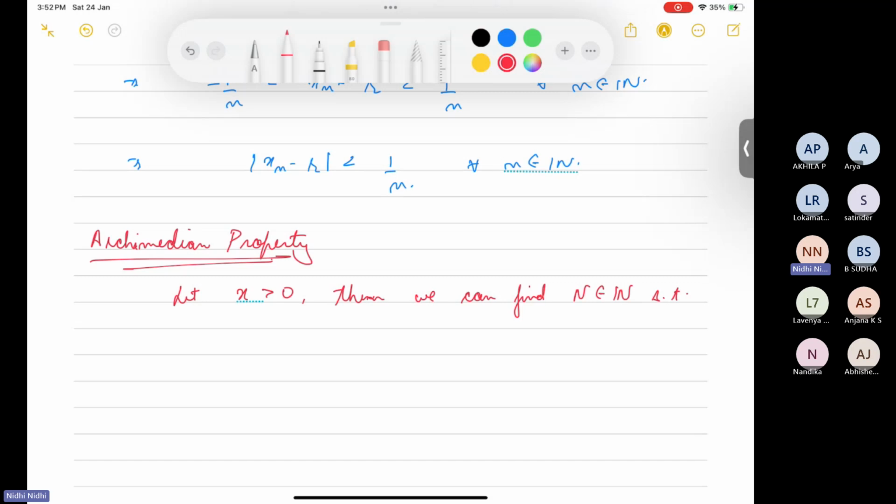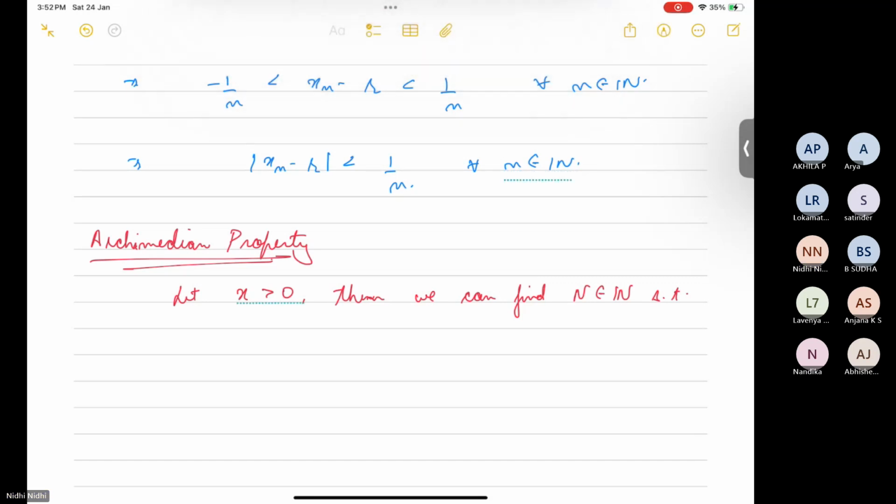If x is a strictly positive real number, then we can always find a natural number such that 1 by n is strictly less than x.